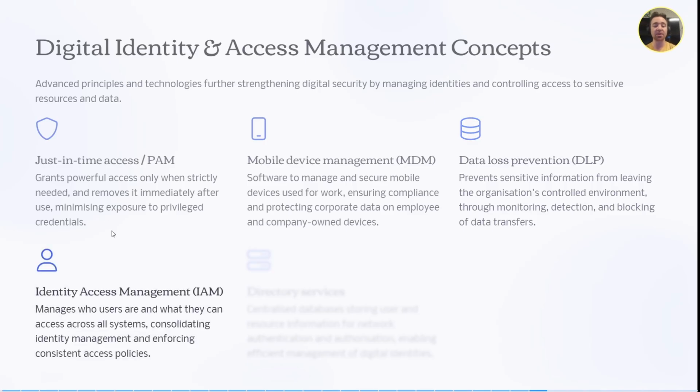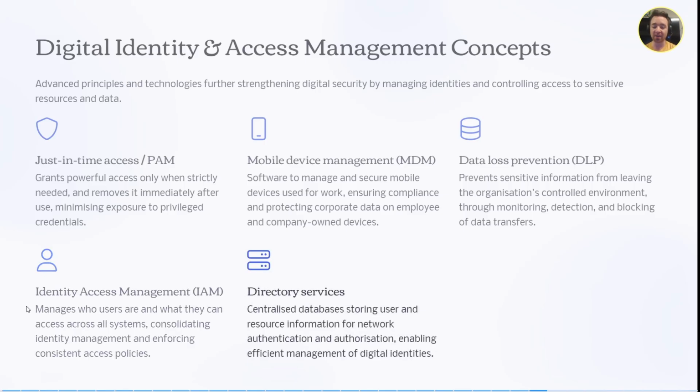Identity access management refers to managing who users are and what they can access across all systems. So it's consolidating identity management and enforcing consistent access policies. If you're saying, hey, this is who you are, this is what you're allowed to access, technically that is identity access management, or IAM. And then the directory service is the centralized database, which often works in tandem with authentication methods by storing information related to users' authentication.